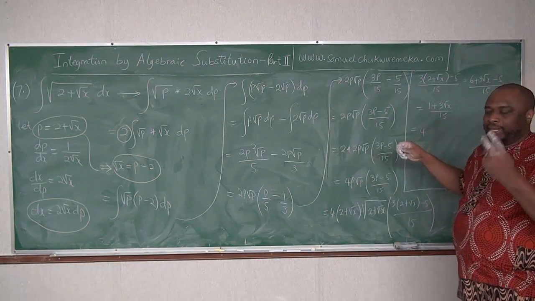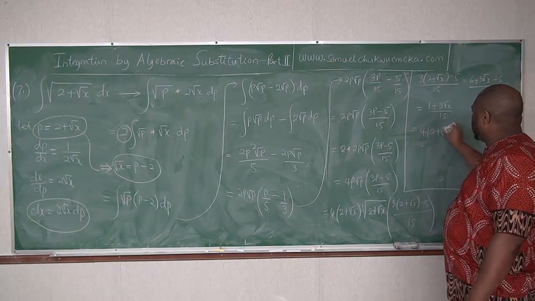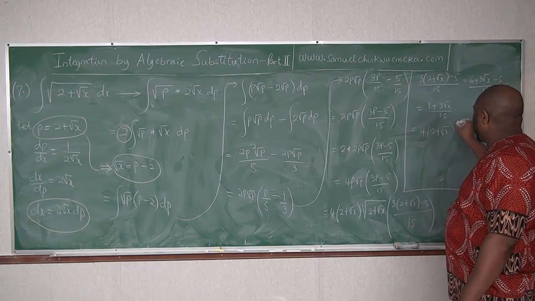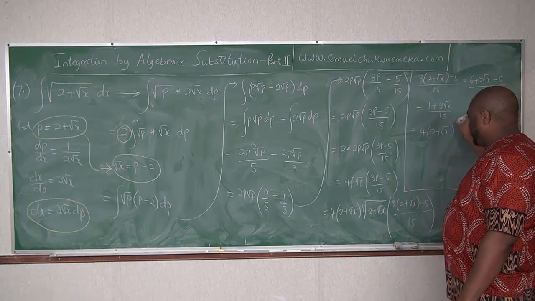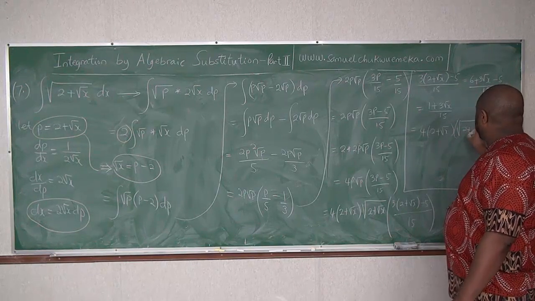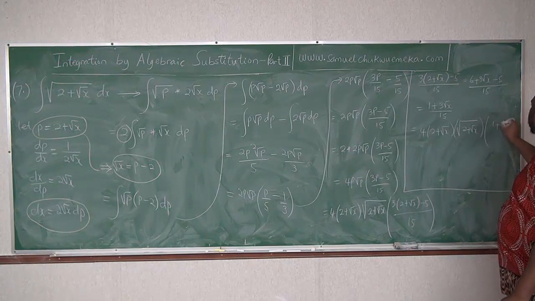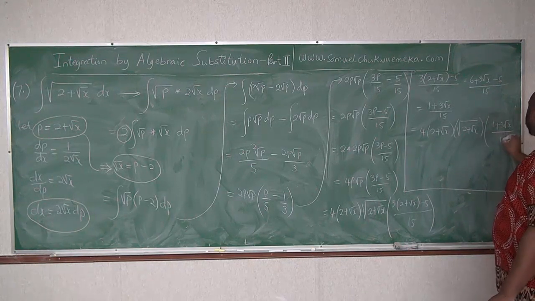we will write it twice. 4 times 2 plus root x times the square root of 2 plus root x times 1 plus 3 root x over 15.